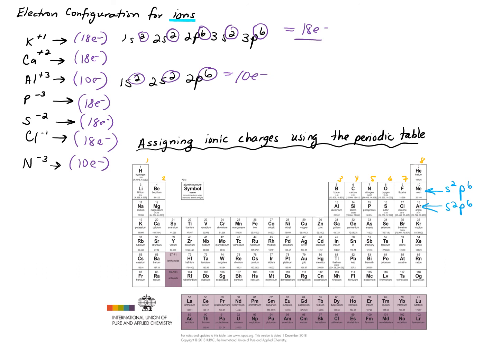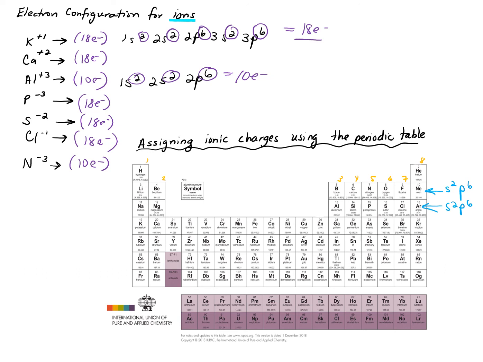But regardless of what they're doing, gaining, losing, or sharing, it's always to have the same electron configuration as a noble gas. Noble gases, they have 8 valence electrons, which means that they are very stable. They have the maximum number. They don't want to give any of those electrons away. They don't want to get any additional electrons.